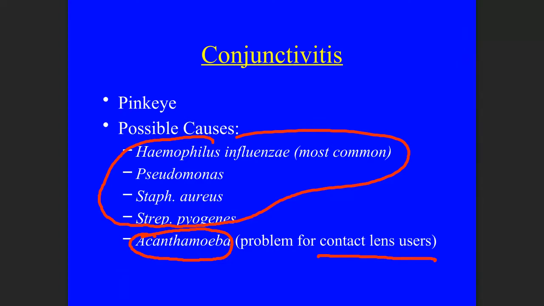And one of those things could be this amoeba. So if a person washes their contacts with tap water, this amoeba could latch onto the contact and cause serious damage to their eye.